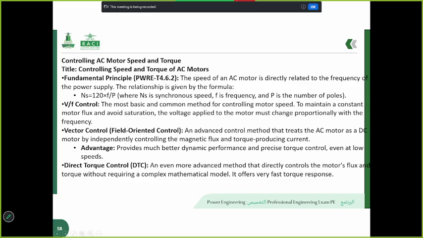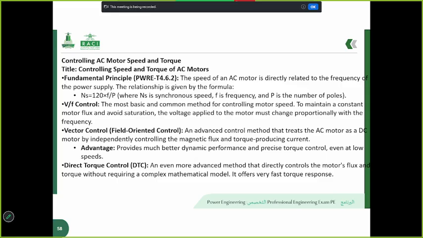So this slide focuses on the fundamental methods used by motor drives to control the speed and torque of AC motors. The core principle for controlling an AC motor's speed is directly tied to the frequency of the power supply.